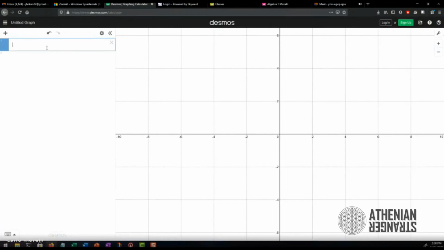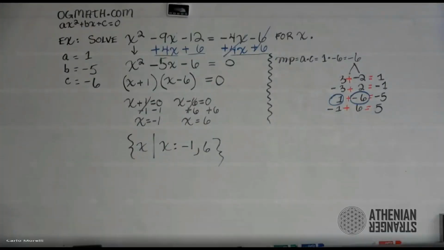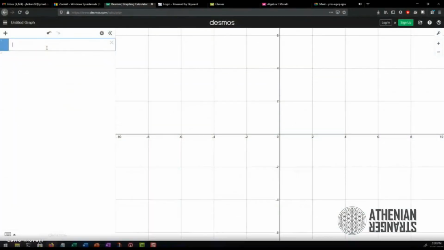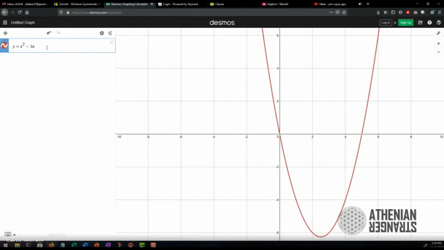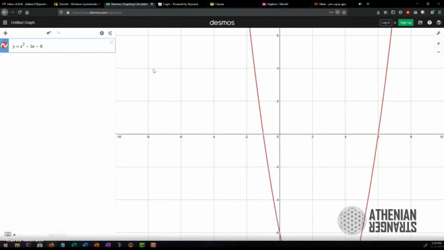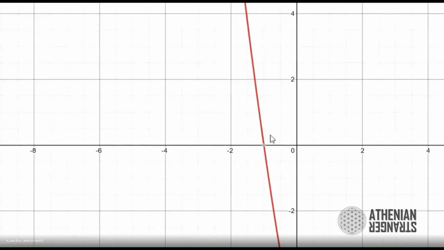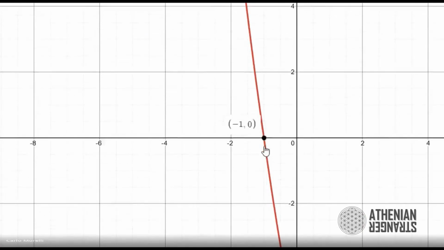Who thinks this is actually not that hard? Now, I need this, x squared minus 5x minus 6, okay? Y equals x squared minus 5x minus 6. Now, I'm going to go over here and click where they cross the x-axis.